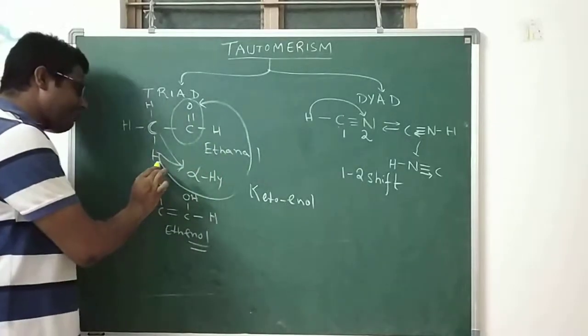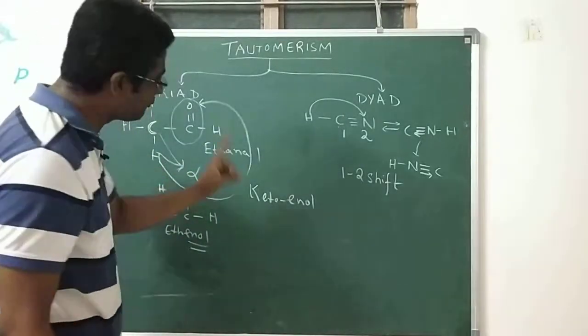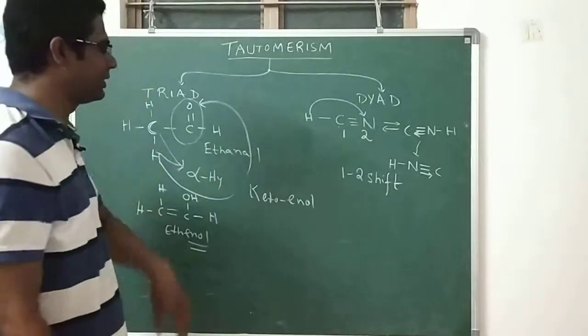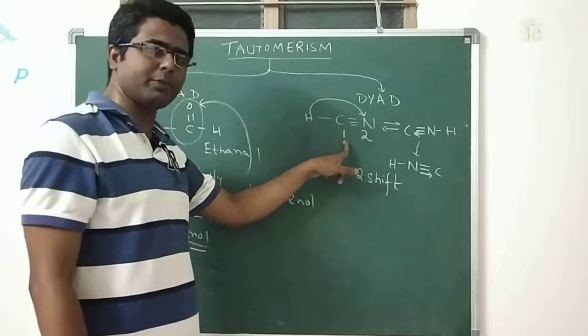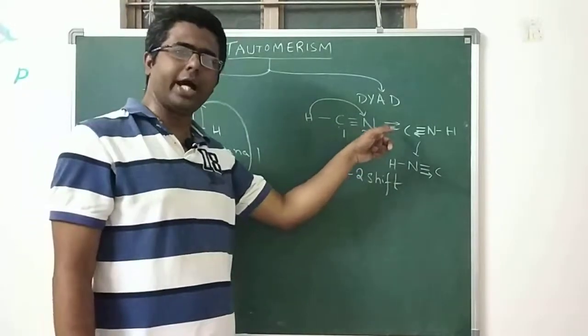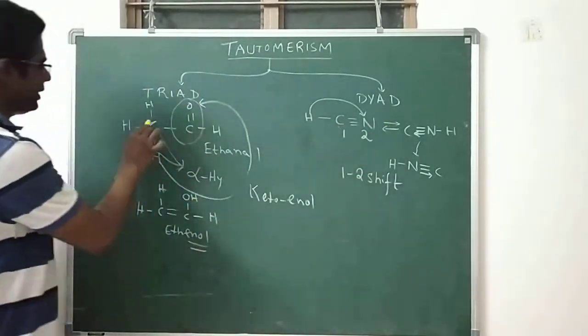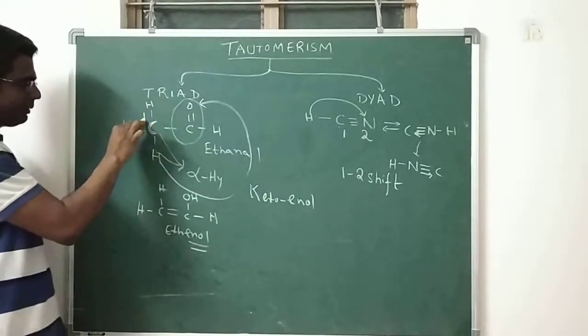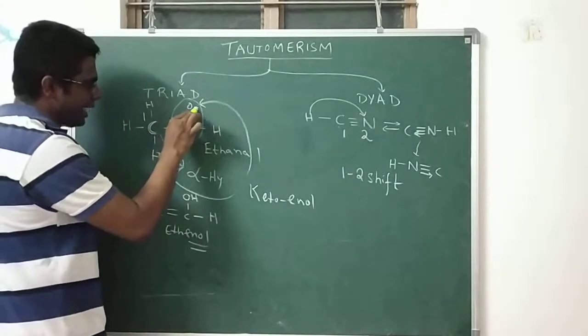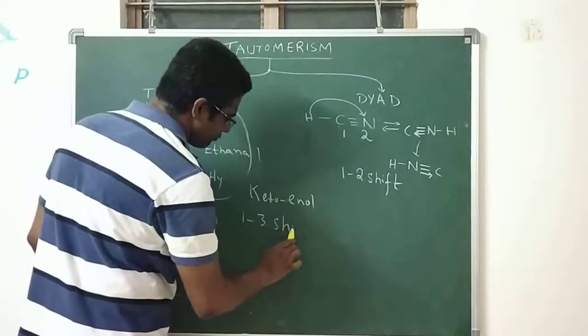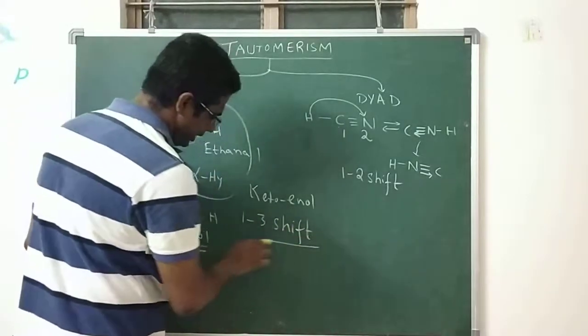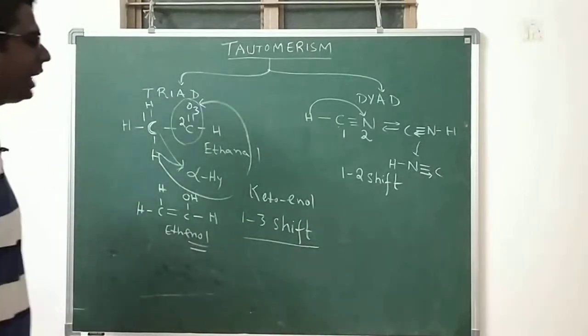Now let us see where the hydrogen atom has shifted from in this kind of tautomerism. If you see this tautomerism, hydrogen atom from atom number 1 has shifted to atom number 2. Here if you see, hydrogen atom from atom number 1 has shifted to atom number 3. So this is 1-3 shift. Okay. 1-3 shift of a hydrogen atom.